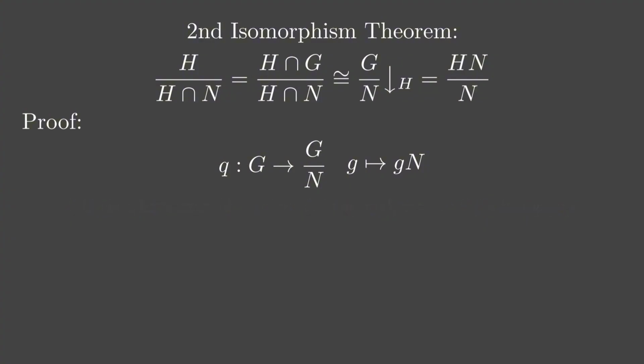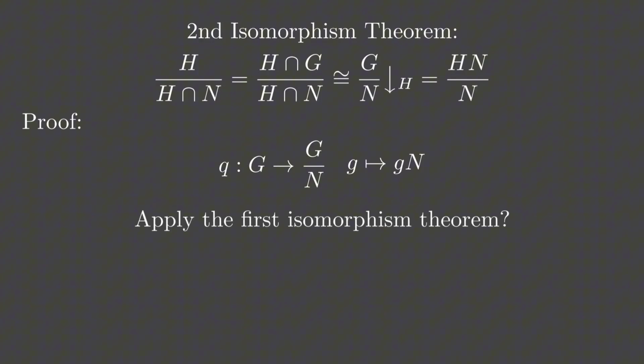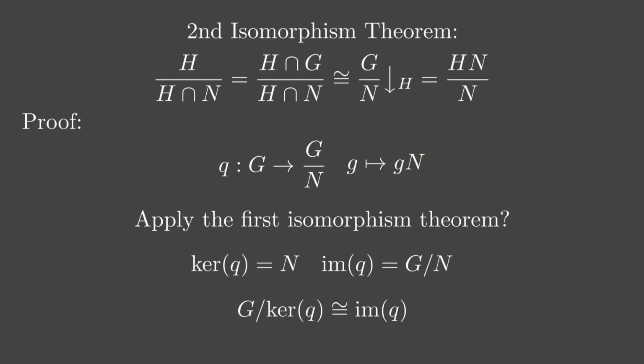If we were to apply the first isomorphism theorem straight away to Q, the kernel of Q is the elements of G that get mapped to the identity coset N. Hence the kernel is N itself, and the quotient map is certainly surjective, whence the image of Q is the entirety of G quotiented by N. So applying the first isomorphism theorem, we end up with G quotiented by N is isomorphic to G quotiented by N. Okay, big wow, just a bit of a sanity check, but now let's progress.